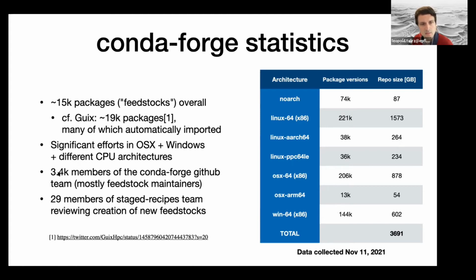There is quite a large number of maintainers, so there are about 3.4 thousand people maintaining different packages on Conda Forge, and there are 29 members currently on the staged recipes team, who are the entry point into Conda Forge. So it's their review that you have to pass when you want to add a new package to Conda Forge. All of these are reviewed.